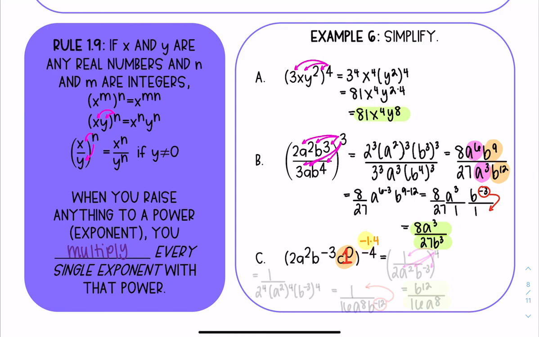So what that means is I'm now going to have 1 over 2a squared b to the negative 3. So I flipped this first, and this is going to be raised to the 4th power. So we just took the negative and flipped it, and now we're going to distribute the 4. So everything's going to get the 4th power.